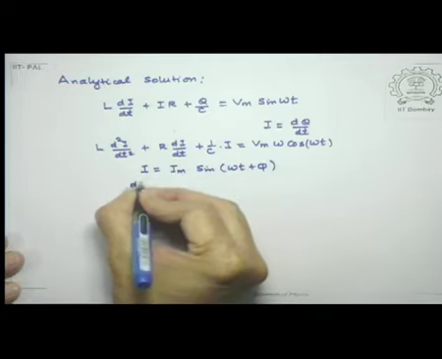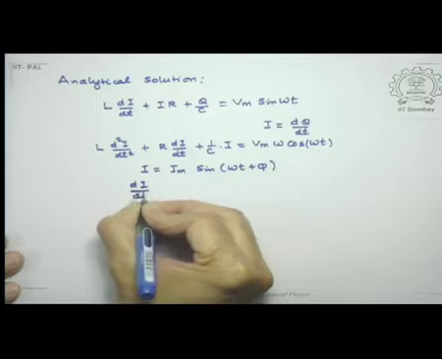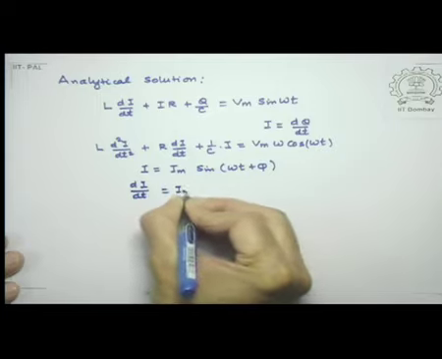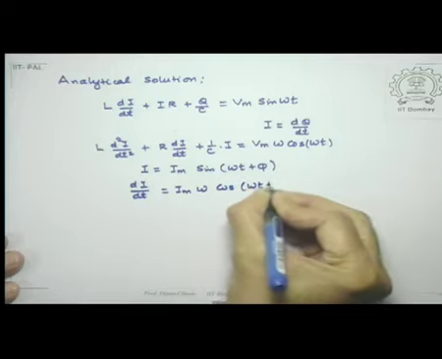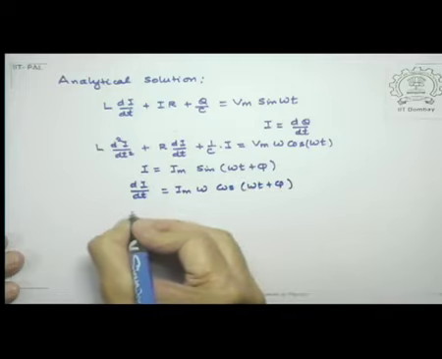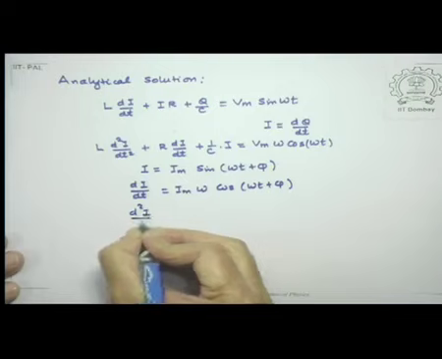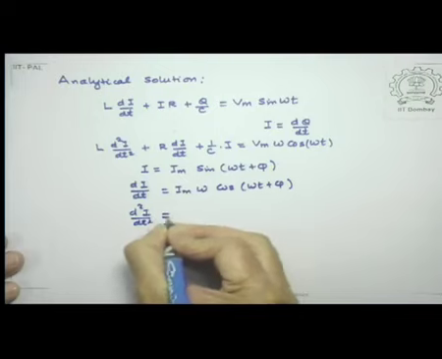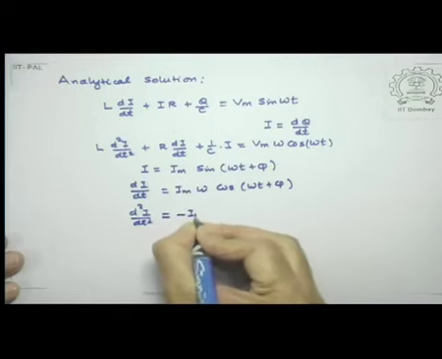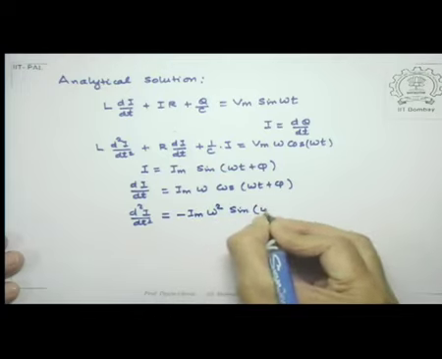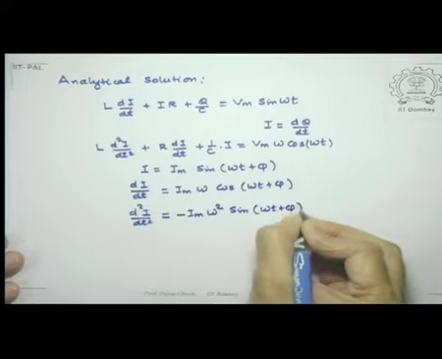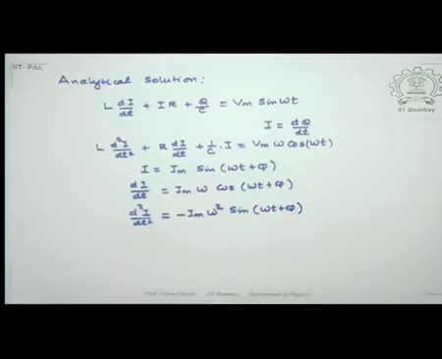If you differentiate it once, you get di by dt equal to Im omega cosine of omega t plus phi, and a second differentiation gives me d square I over dt square equal to minus Im omega square sine of omega t plus phi, minus because the differentiation of cosine gives me a minus sign.